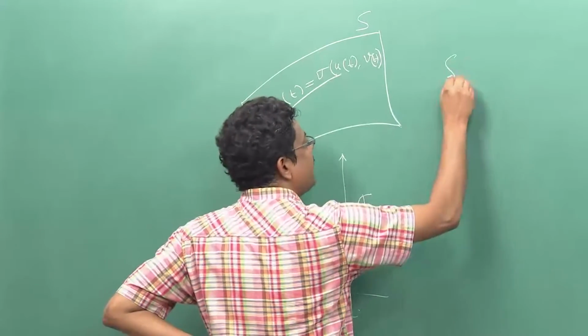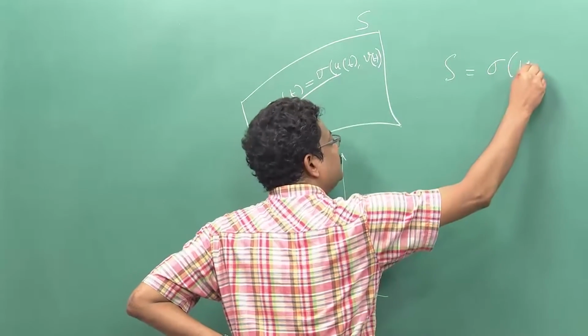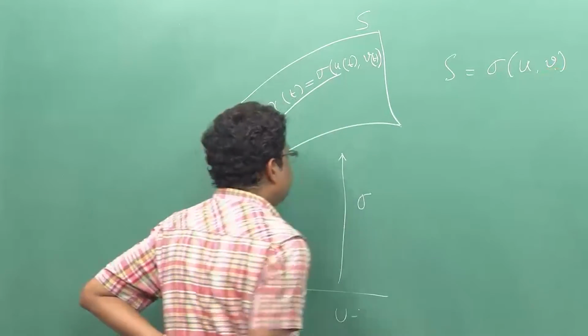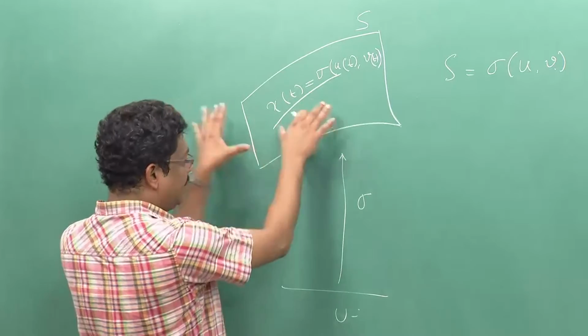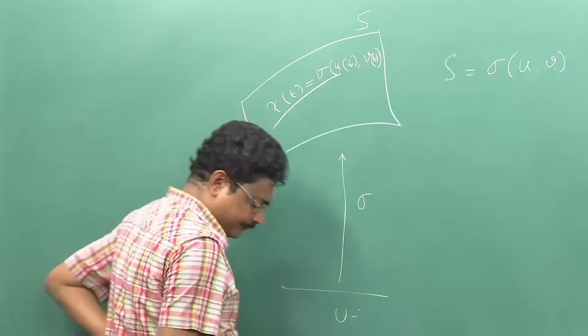Supposing the surface patch we are looking at is sigma u v, and we try to measure different quantities, or relate quantities to the surface, along the curve.